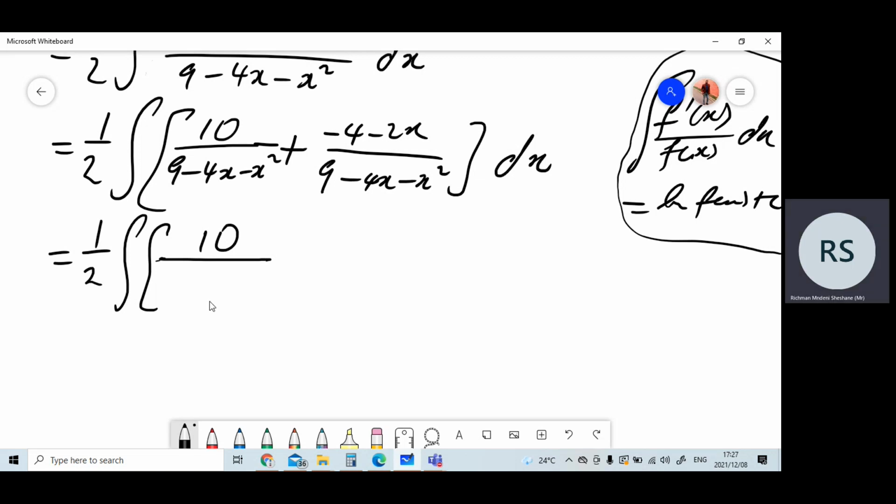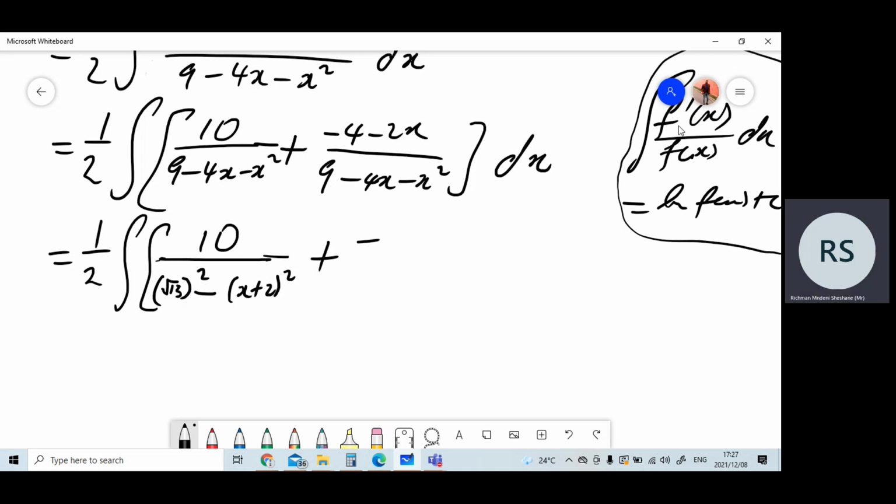When I completed the square, I got the square root of 13 squared minus x plus 2 squared. You can confirm you know how to complete the square. Now complete the square and check if you get this, because you have a constant over a quadratic. You need to integrate by completing the square. You know how to complete the square. I showed you in the above example.